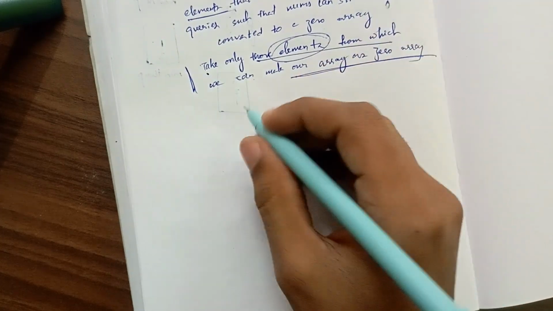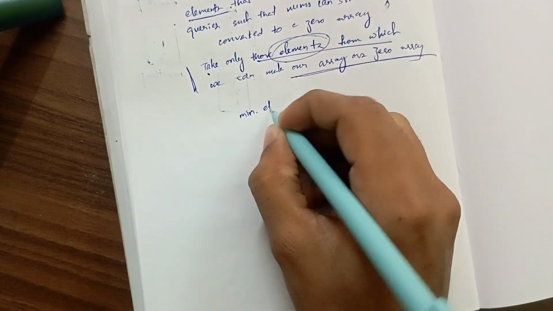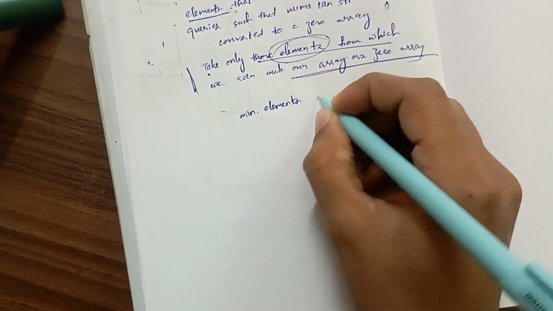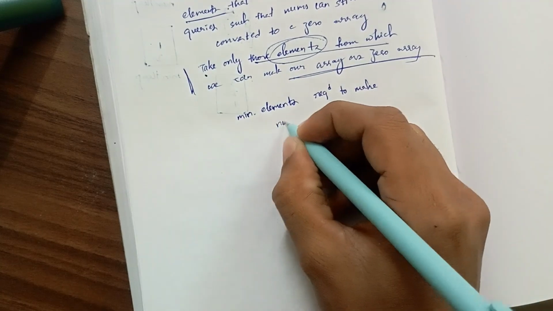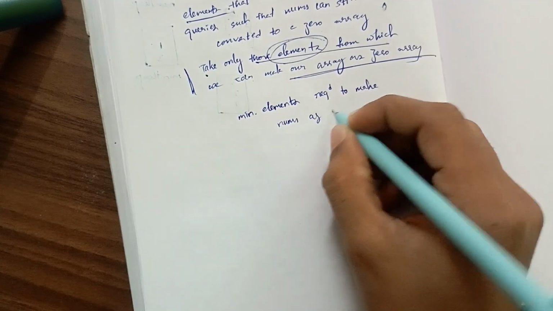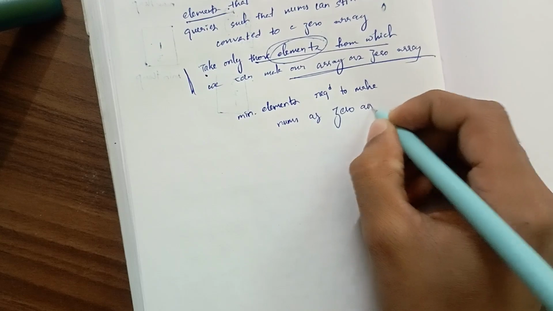So we need to find the minimum number of queries required to make nums a zero array.